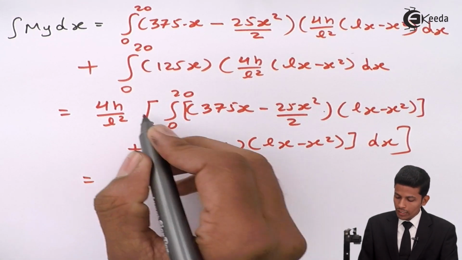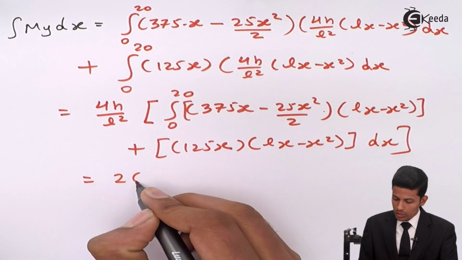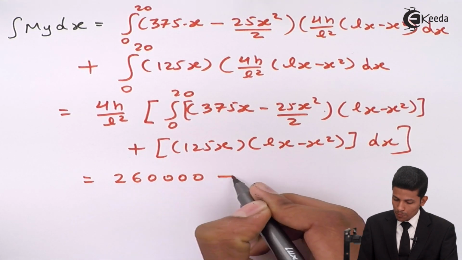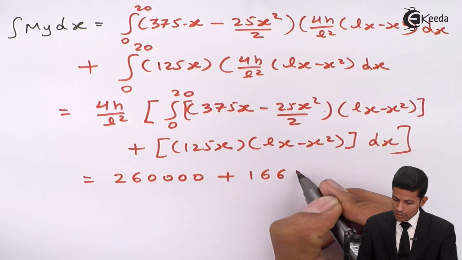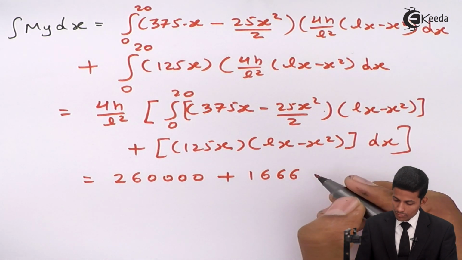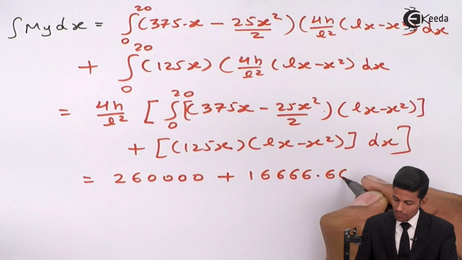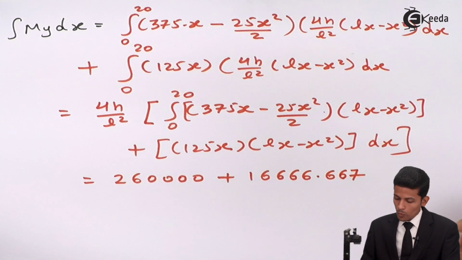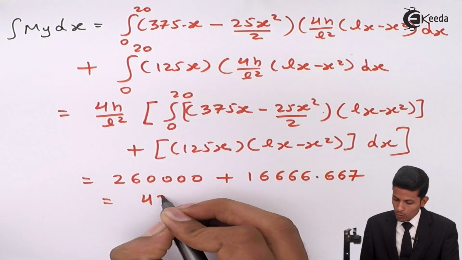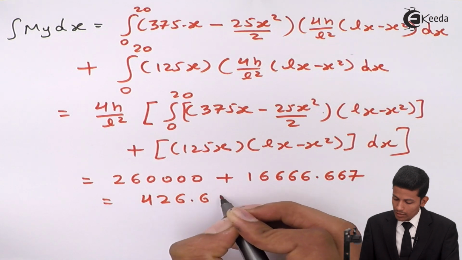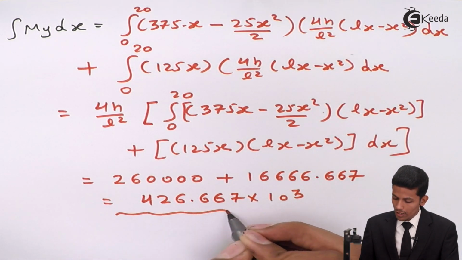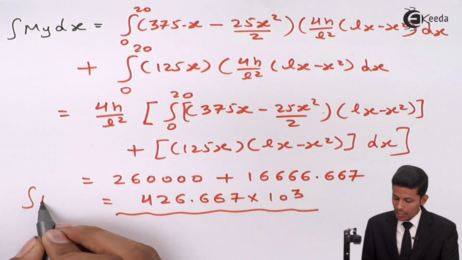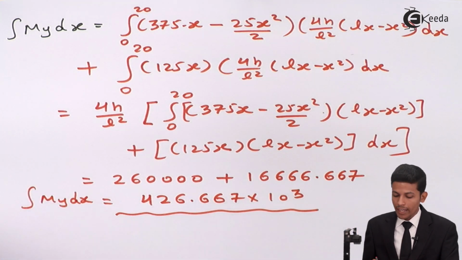When we solve this part, you get the value 2600 plus this part 1666. Okay, now when solving this, you get the value 426.667 into 10 raised to 3. Okay, and this is nothing but the integration of my dx.